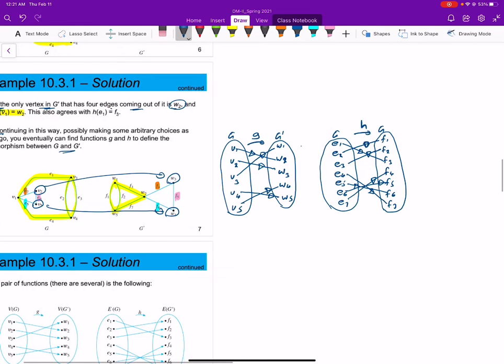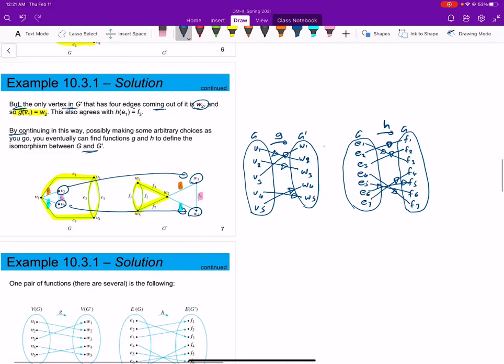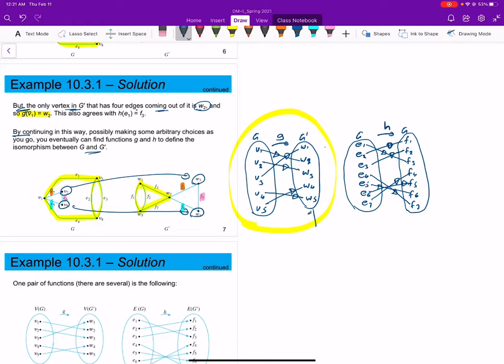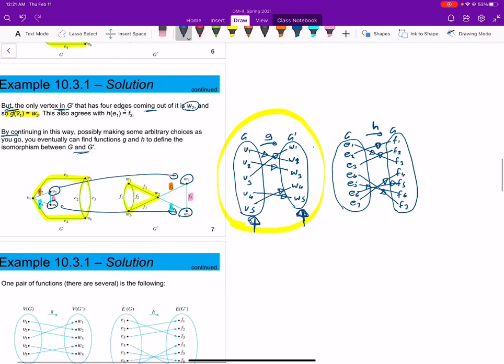Now you have to check whether they are one-to-one and onto. In this mapping, they are one-to-one and onto. Why one-to-one and onto? Each element of G prime is only mapped by one element from G. So that is one-to-one.